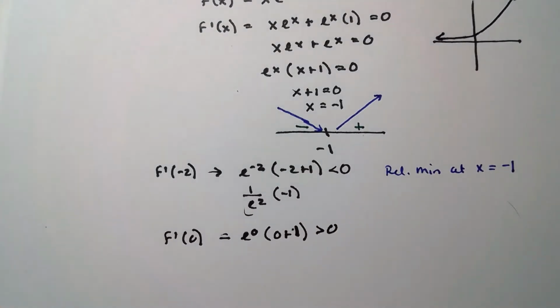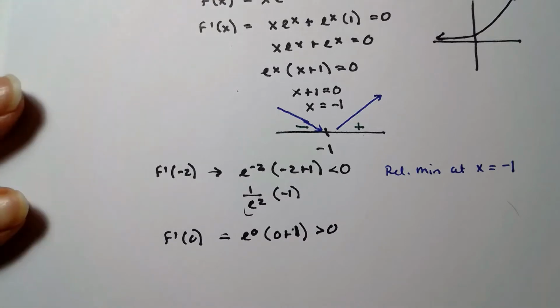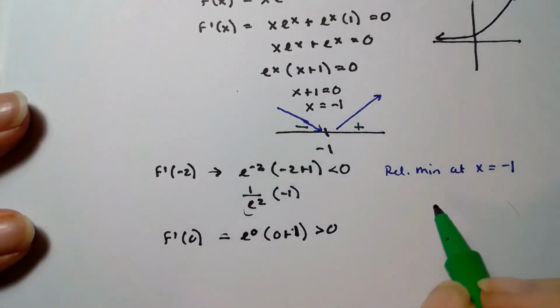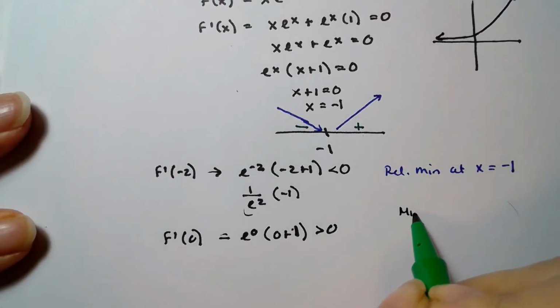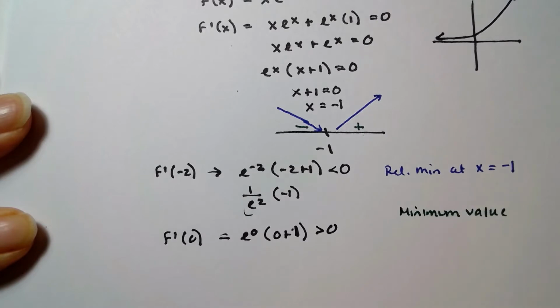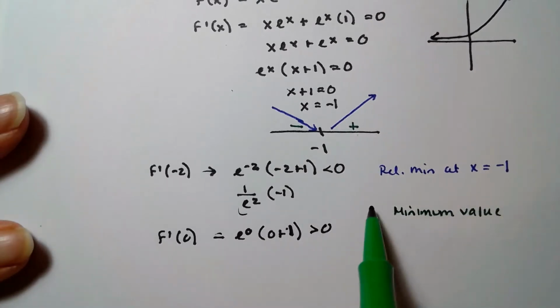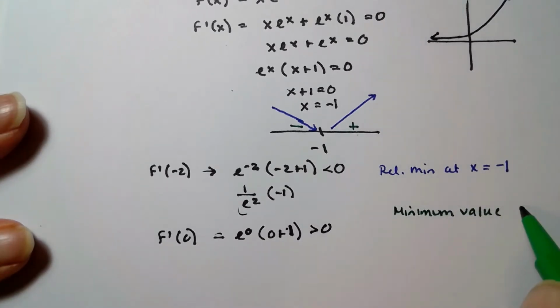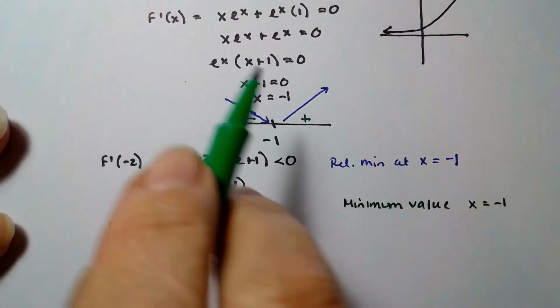So I would expect a relative minimum at x equals -1. Now, if for some reason you're asked for the minimum or maximum value, then what they want is the y value. In other words, if they want the minimum value, you're going to take your critical number and plug it back into f of x.